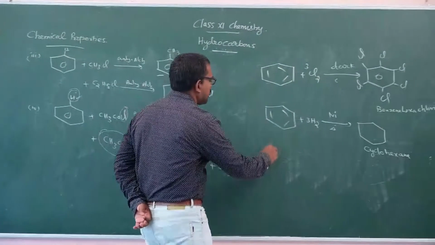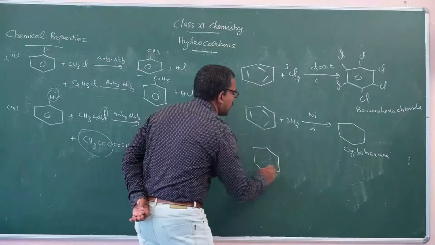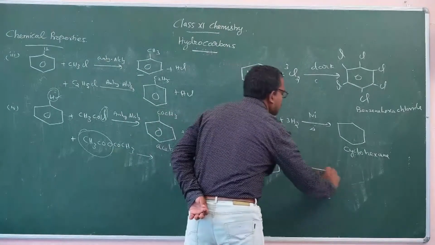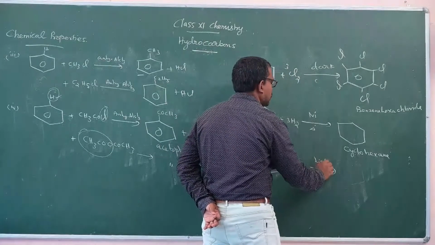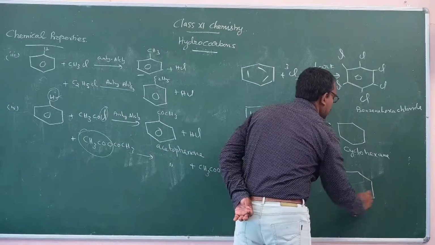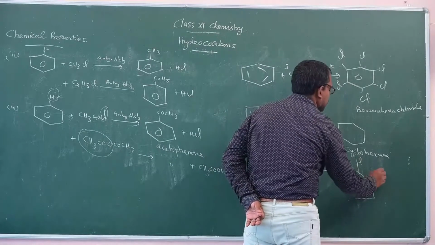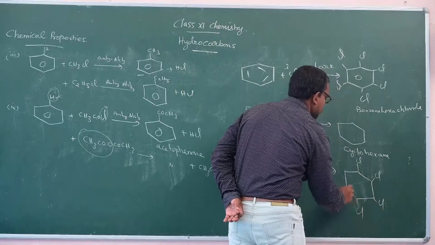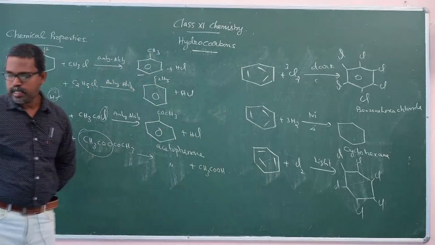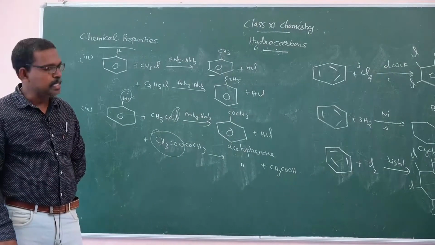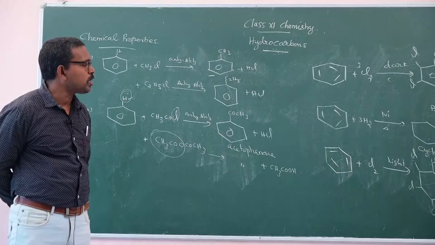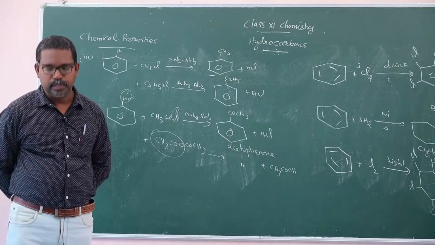Here also benzene reacts with excess of chlorine, in the light; the earlier one was the dark condition, this is the light condition. It gives a compound in which all the hydrogen atoms are replaced. This compound is called benzene hexachloride, BHC, Gammexane.